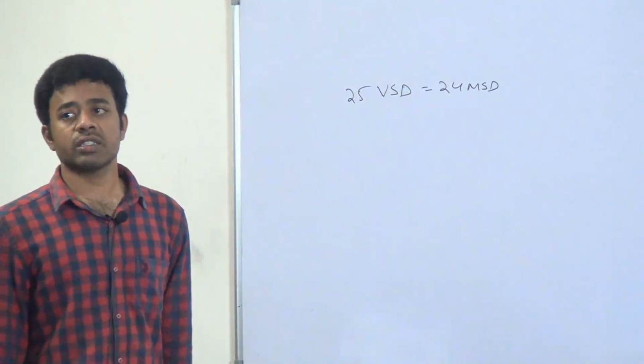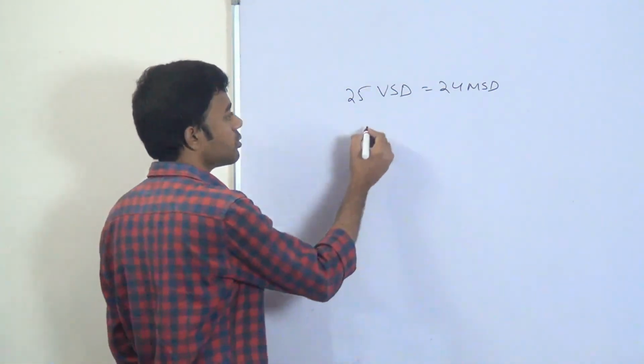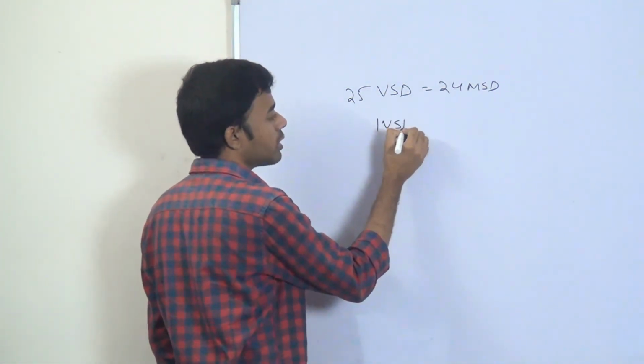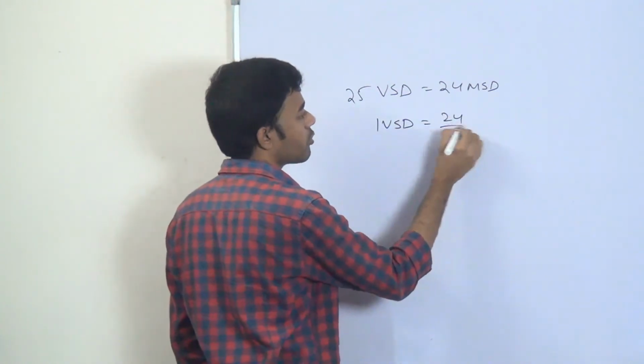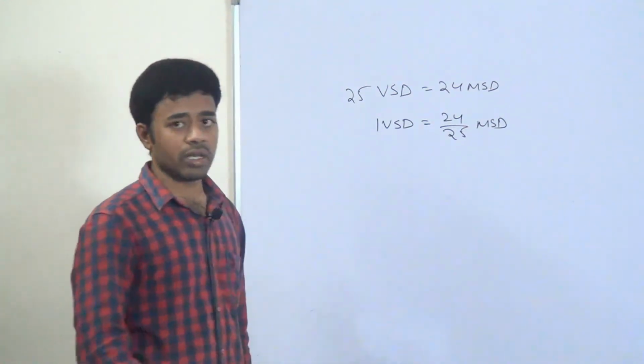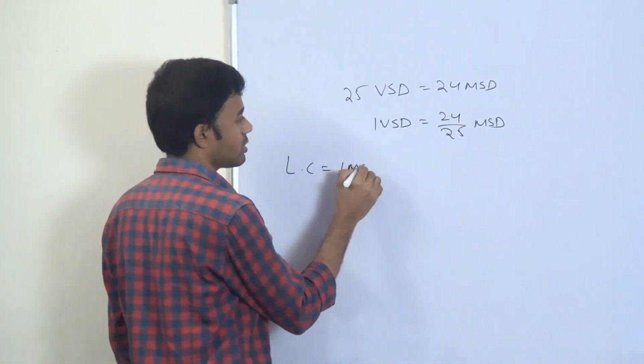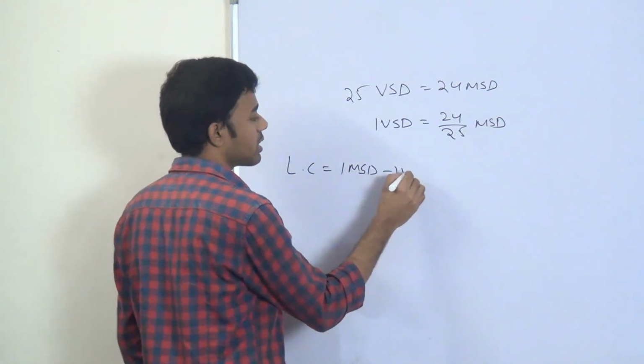So here he is asking the least count of vernier calipers. Here, 1 vernier scale division equals 24 by 25 main scale division. The least count equals 1 main scale division minus 1 vernier scale division.